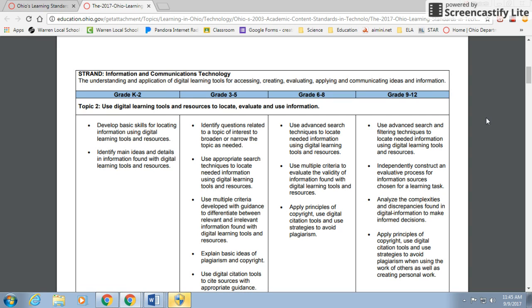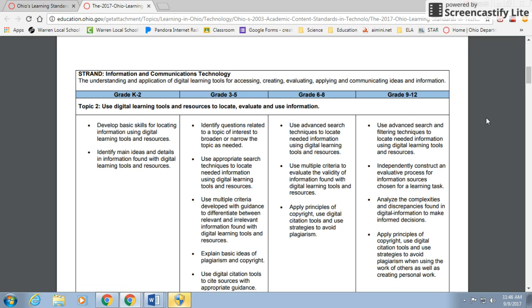But what most students don't realize is they need to make sure that whatever website or resource they're clicking on is valid, meaning that it's appropriate information, it's relevant to what they're researching, and not just going and clicking on the very first one.